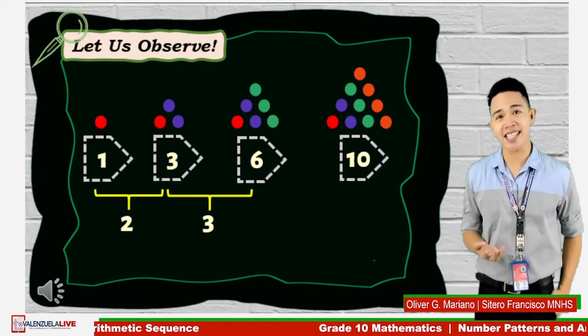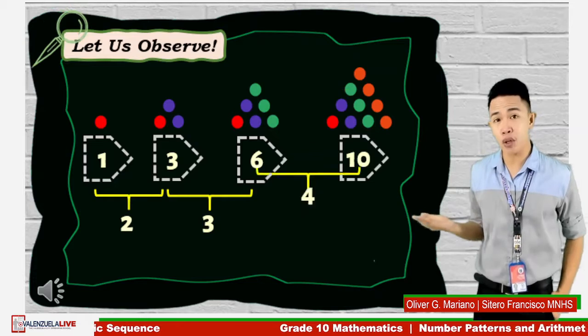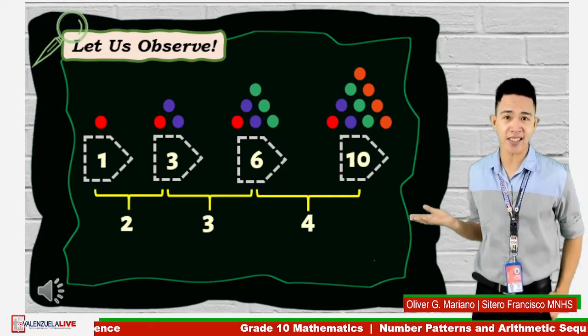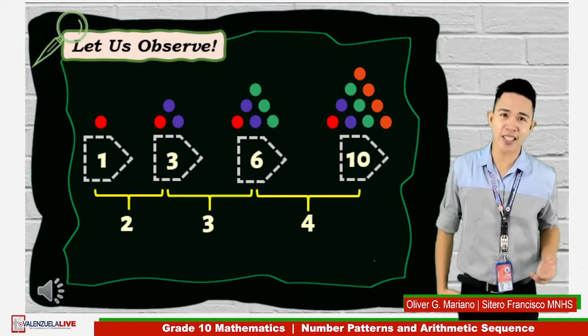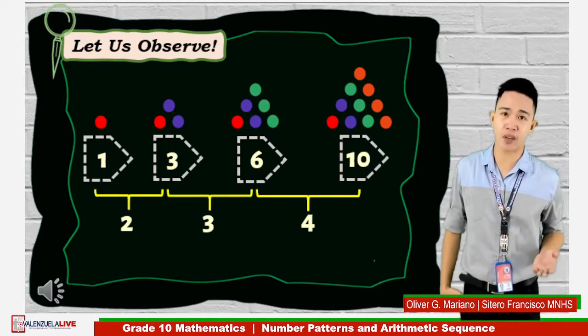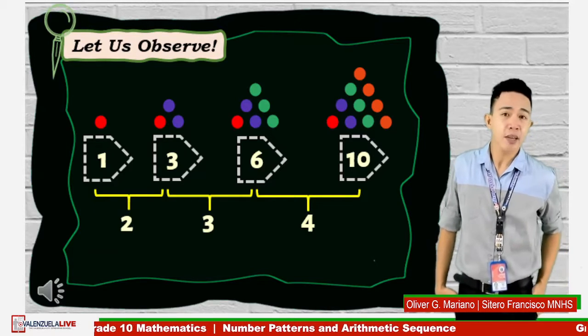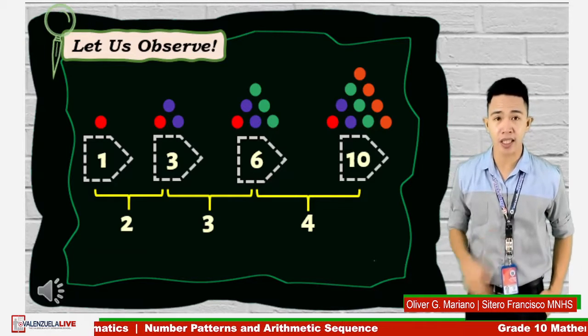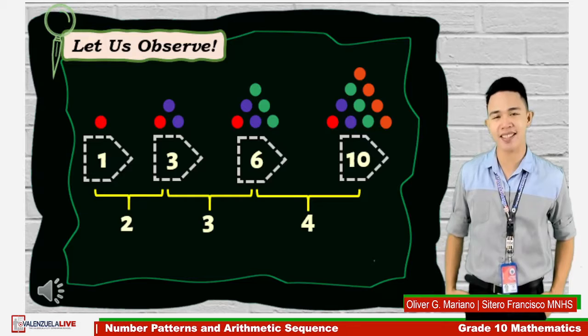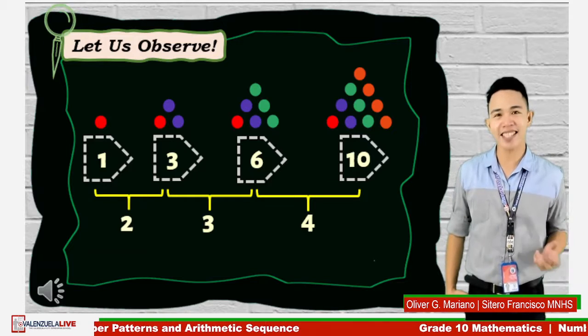Amazing. That is 4. Do you see the pattern in this sequence? Nice. It's good that you can see that the next terms of this sequence are obtained by adding the next counting number. Can you predict the next numbers of this sequence? Well, that's incredible.